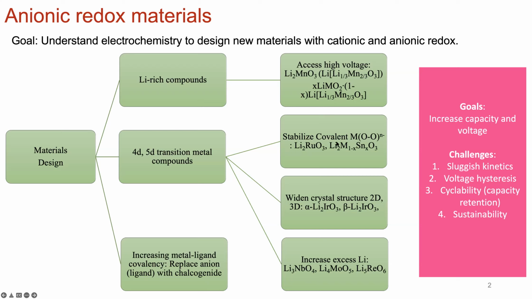So we'll talk about why you would want to do that for stabilizing these more covalent metal peroxide bonds that are at the heart of anionic redox, and then widening the crystal structure, to move away from these 2D layered materials to more 3D types of crystal structures. And then also increasing lithium ion. So basically utilizing this type of technique, but for the 4D and 5D transition metals.